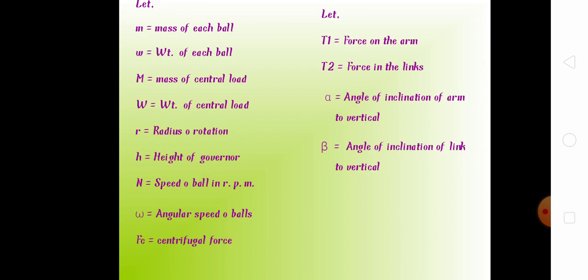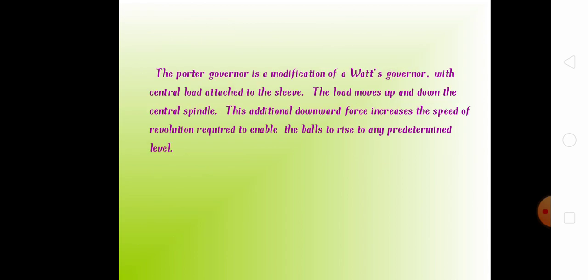Here we will take new quantities, alpha and beta. Alpha is the angle of inclination of the upper arm to the vertical, and beta is the angle of inclination of the link to the vertical. We will see this in the diagram.